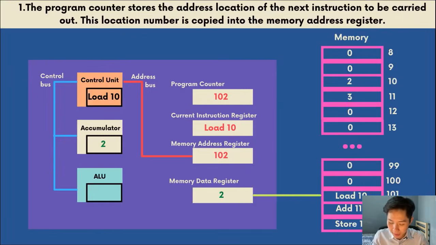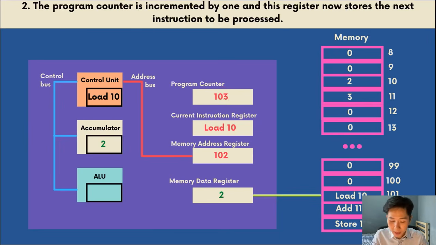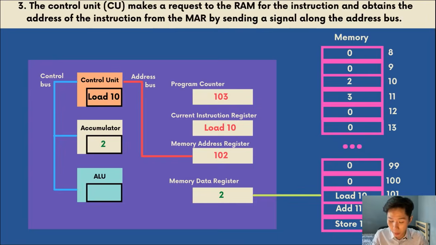So next instruction, again, it's the same steps, just another cycle. The program counter now will store the instruction that we need to carry out, which is 102, and this 102 will be copied into the MAR, memory address register, and the program counter will then be incremented by 1 from 102 to 103.